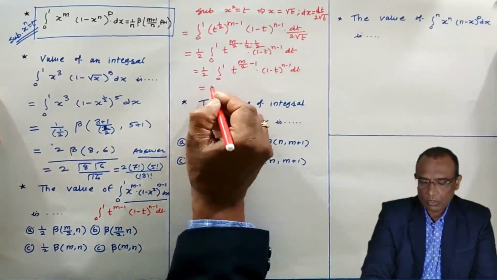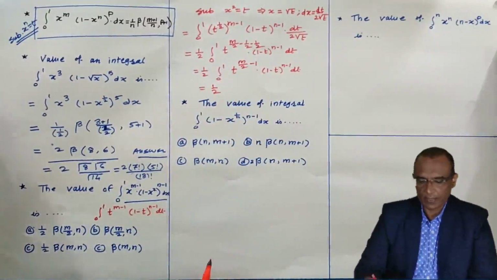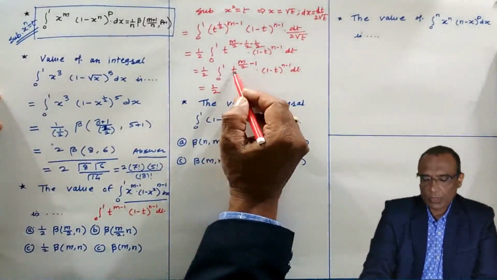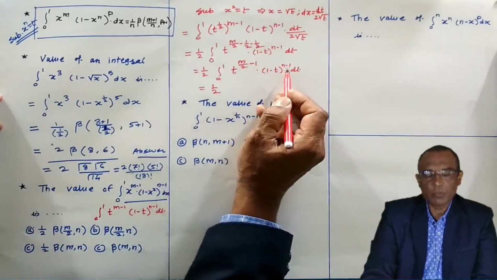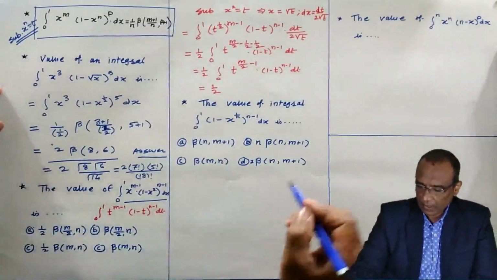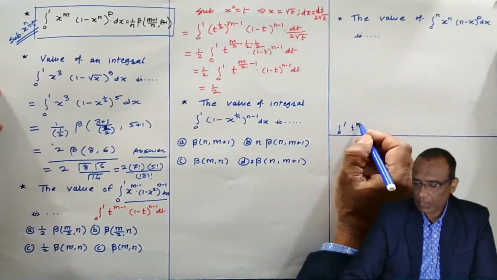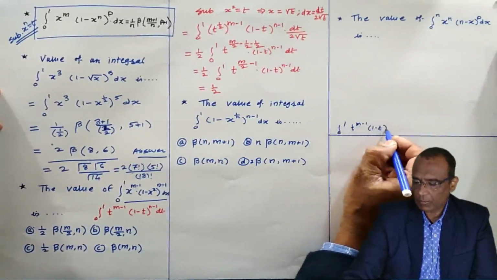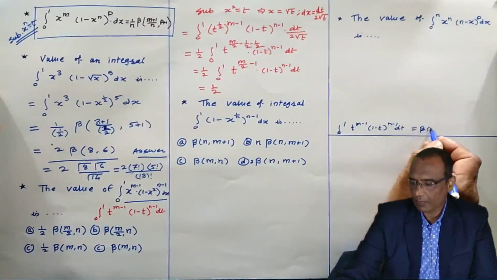Now you can use the definition of beta function. See, integral 0 to 1 of t to the power m minus 1, 1 minus t to the power n minus 1 dt is beta of m comma n.